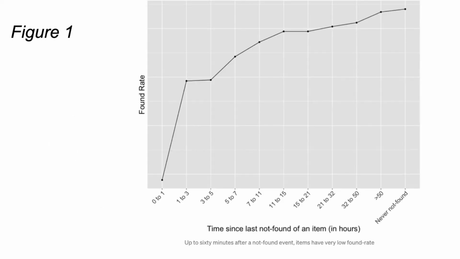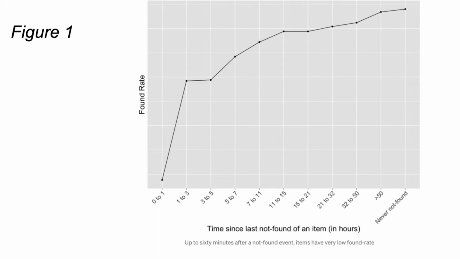So looking at figure one, on the y-axis, we have the found rate, and on the x-axis, we have time in hours, and it goes between about 0 and 50 hours. And this visual shows us how findability changes over time. We can see a steep increase in findability if it is not reported as not found in the first hour, but this also reflects a low findability if it is reported as not found in the first hour.